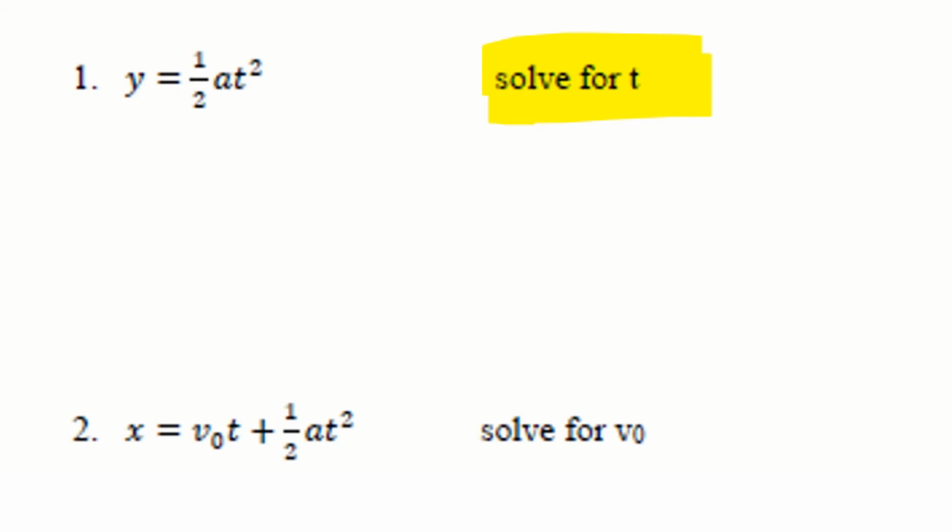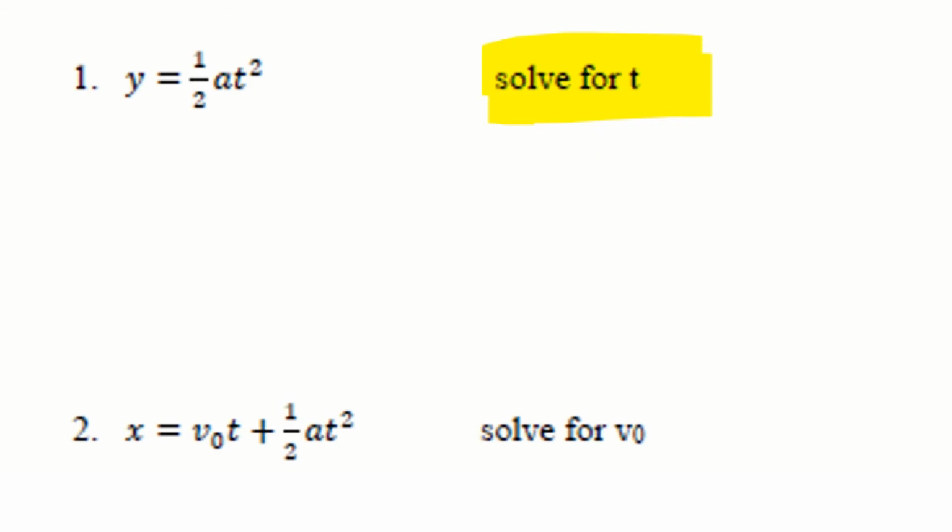Now, the first thing that you need to do is identify where is t in the equation and what's going on with it. So in this case, we have t being multiplied by a, and it is also being squared. Now, we'll get to the squared afterwards, but first, let's see how it looks in this equation.